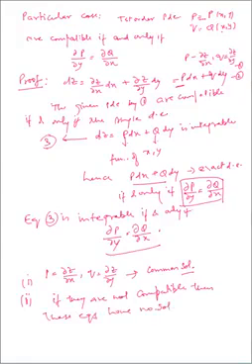अब कुछ examples देखते हैं. So first example is show that the differential equations 5x minus 7y, this is equal to del z upon del x, and del z upon del y is equal to 6x plus 8y. These two equations are not compatible.